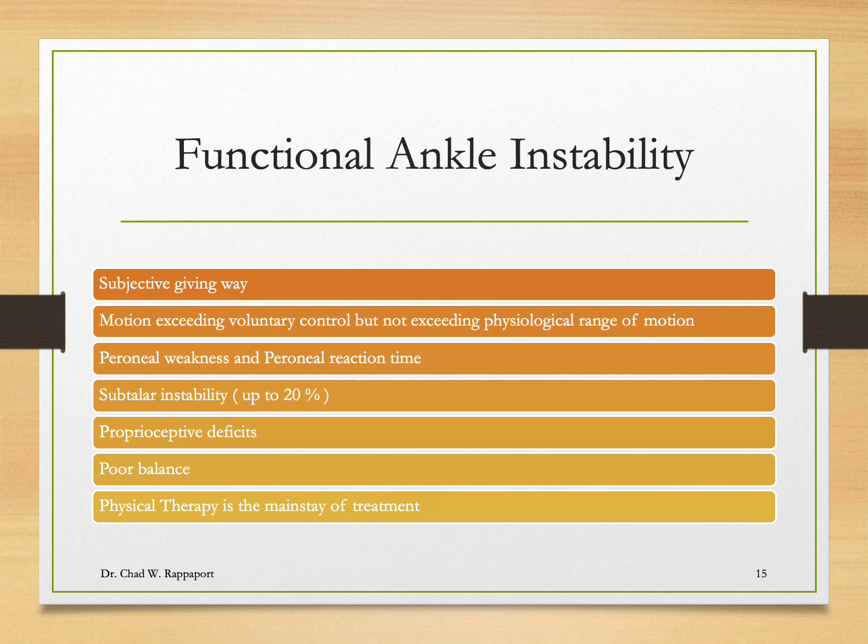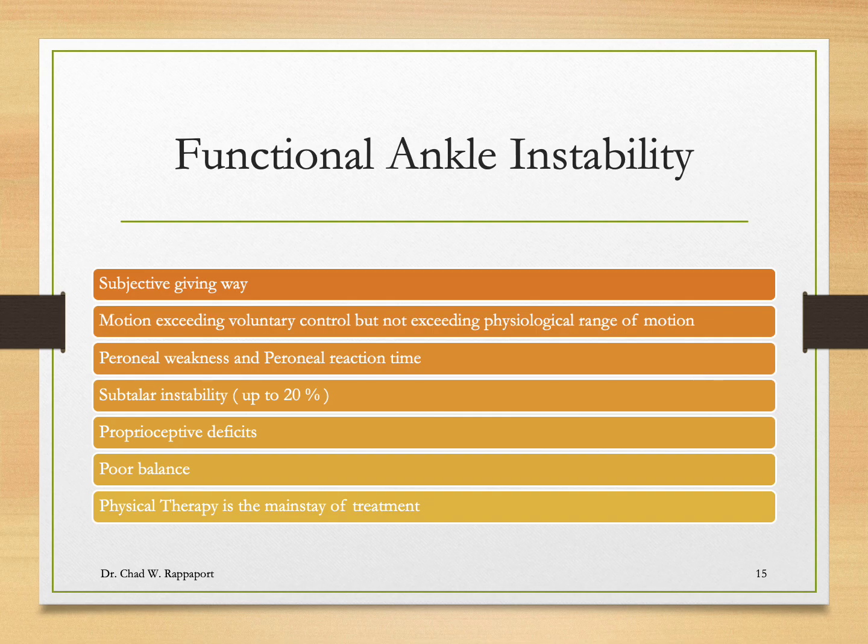On the other hand, functional ankle instability is not an objective finding. It's more of a symptom, with subjective giving way of the ankle. Motion exceeds voluntary control, but does not exceed the physiological range of motion.